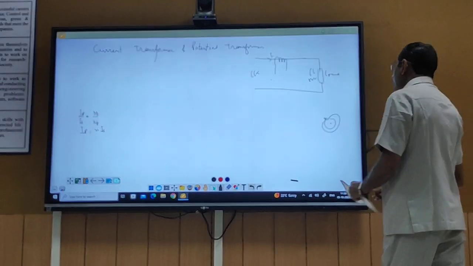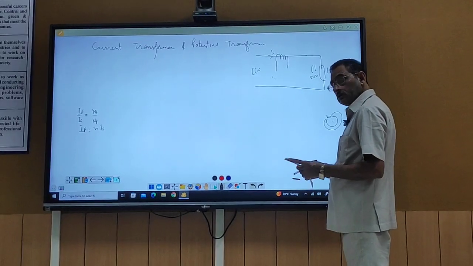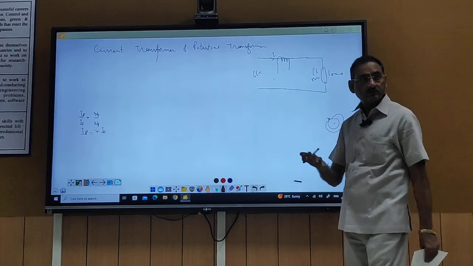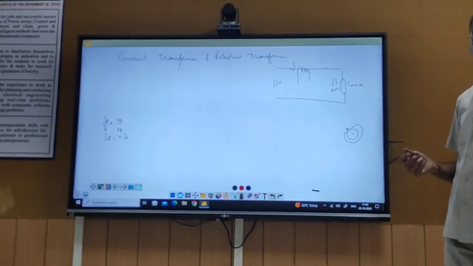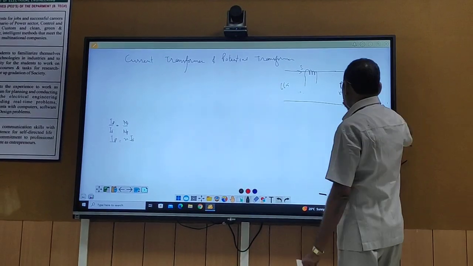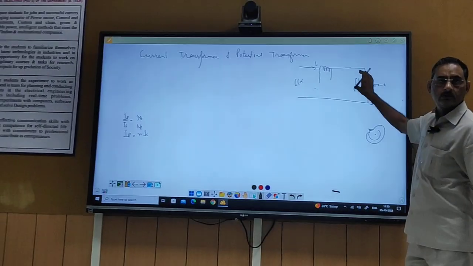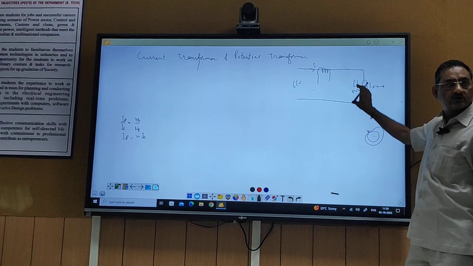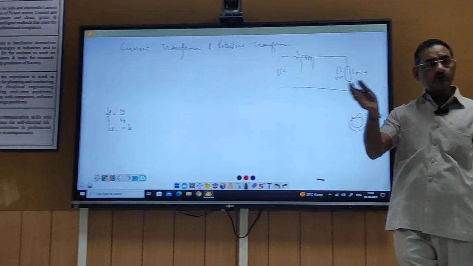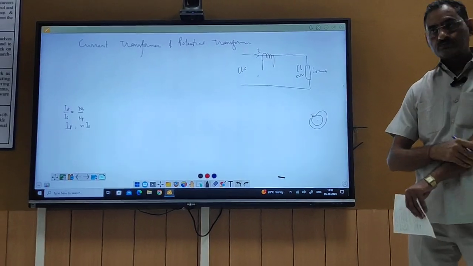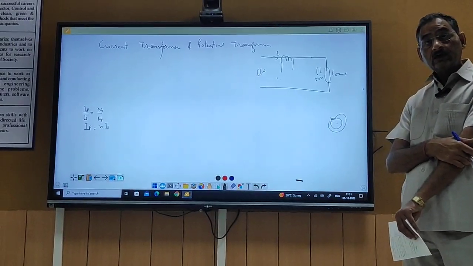Now about the potential transformer. Potential transformer, again a similar principle. The number of turns on the primary is very high, primary and secondary. If you want to measure the voltage here, what will you do? This voltage is 66 kV and your range of voltmeter is 300.